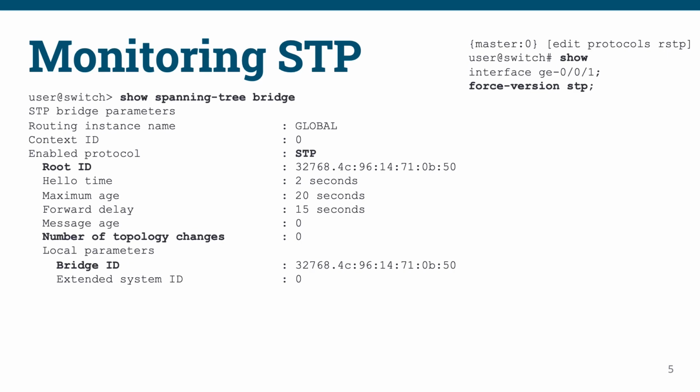This can occur if a link is flapping, causing STP to reconverge often, or even if there's a loop in the network. In a stable network, we would not expect to see the topology changes value incrementing at all. So, now that we've reviewed the process of STP on this switch, let's take a look at the interface status.